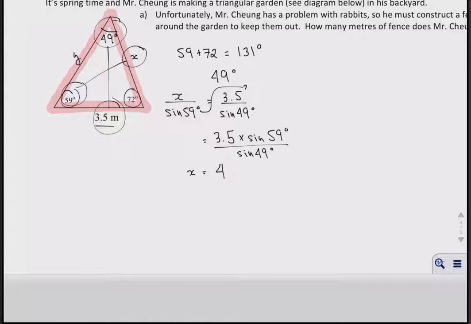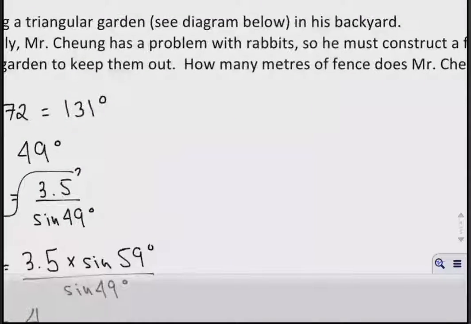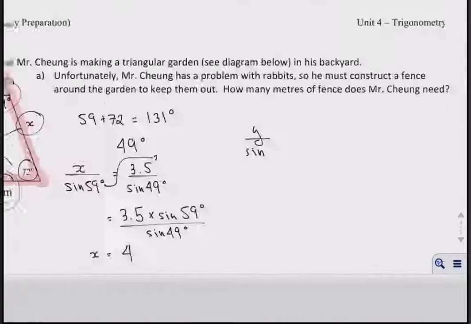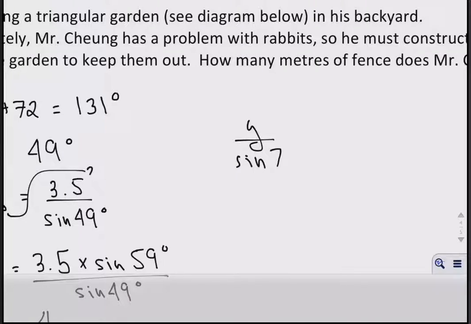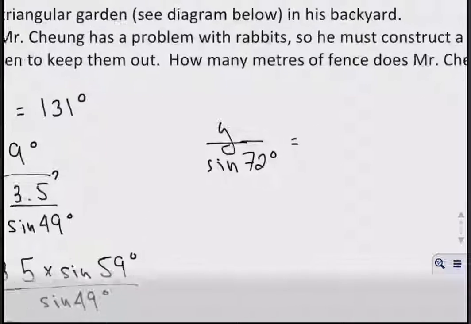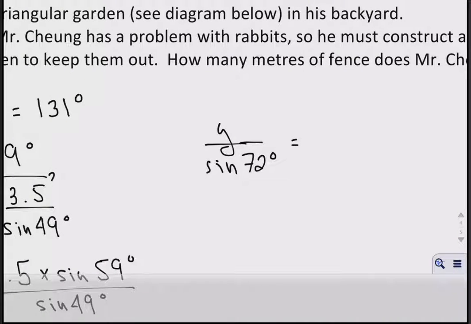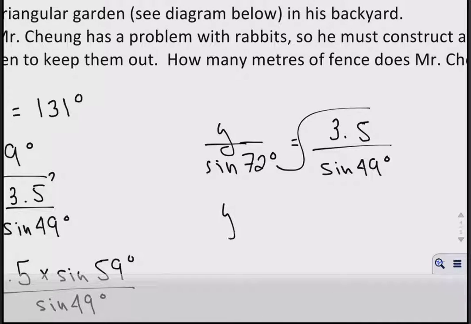And for our y value, well, we're going to use the y and the opposite angle. So for the y, we have y over sine of 72 equals 3.5 over sine of 49, sorry. This comes over here.